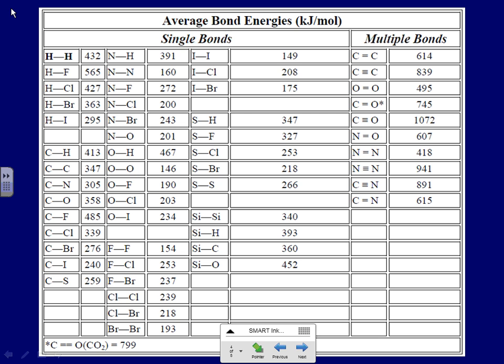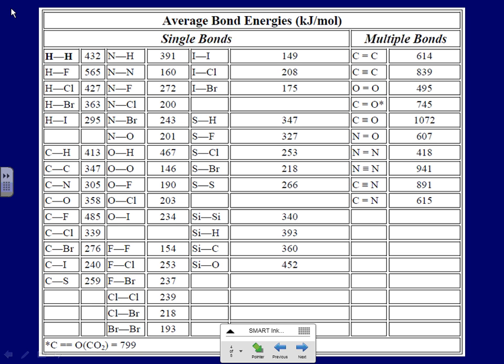There's the values for that column. This one's very wide for some reason, and there's the values for our multiple bonds, okay? Again, notice there's no signs on them, and that's because when we break the bonds, it'll be endothermic, and we will have positive values, and when we make the bonds, it'll be exothermic, and we will have negative values. Any questions or concerns?